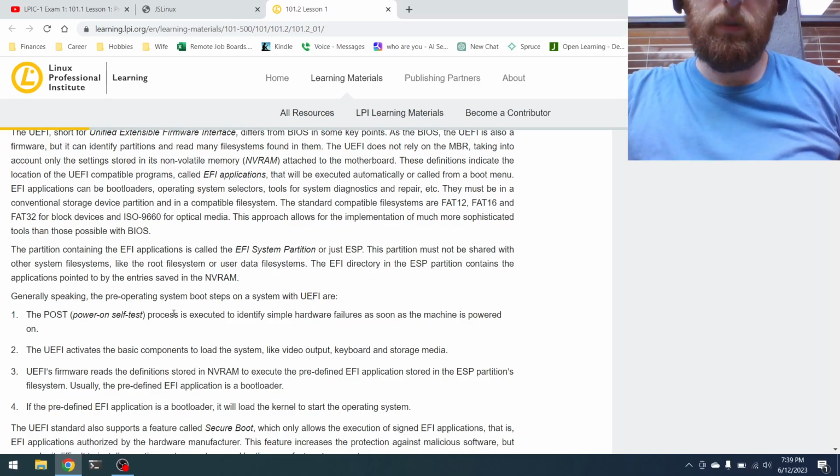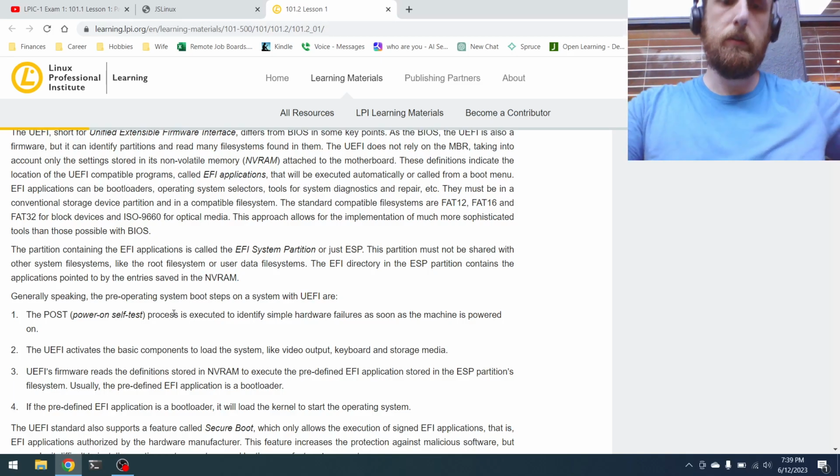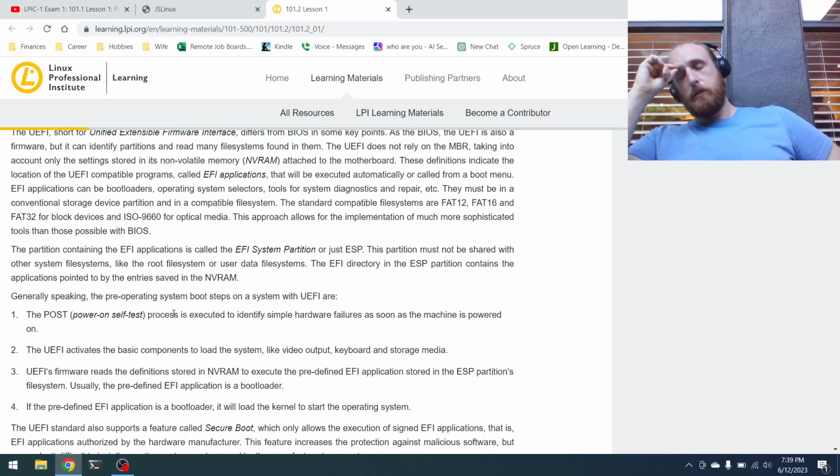Okay, so the UEFI is different from the BIOS in that it does not rely on the first 440 bytes of a storage disk, also known as the MBR. Instead, it relies on settings stored in non-volatile memory attached to the motherboard.